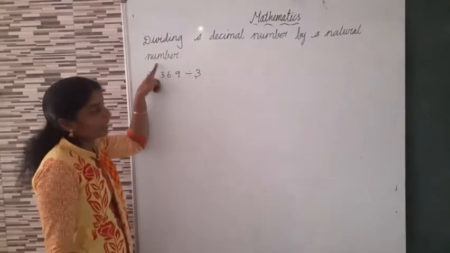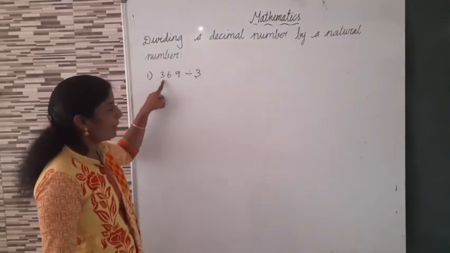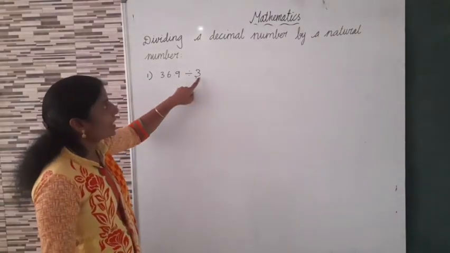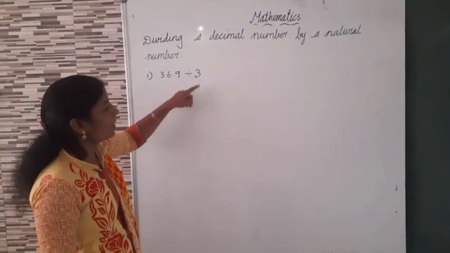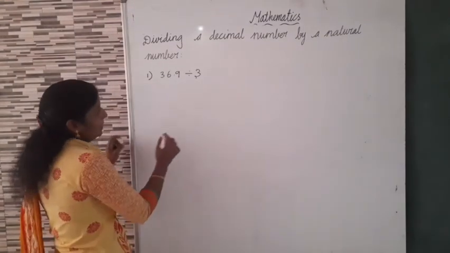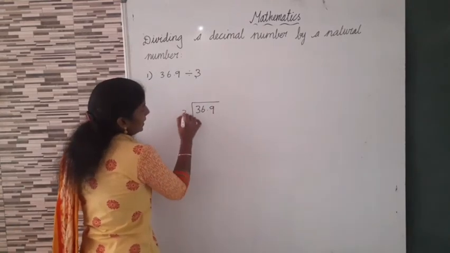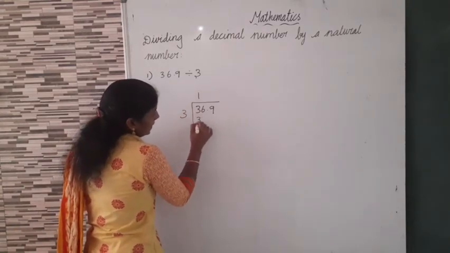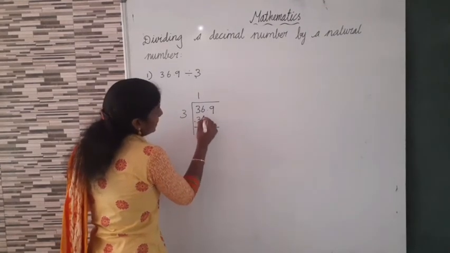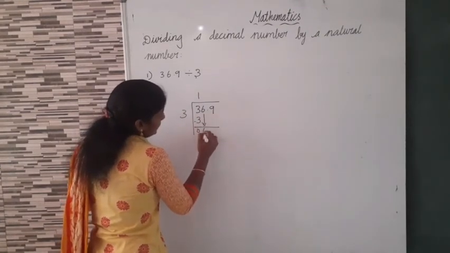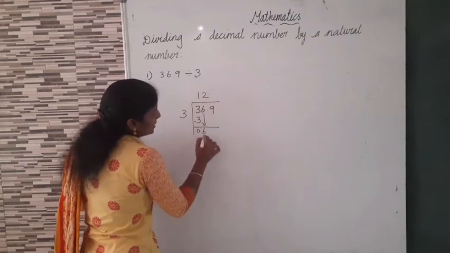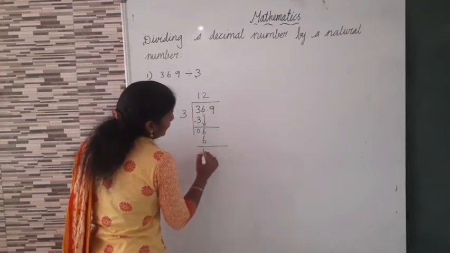Natural number. Any decimal number divided by a natural number, we can use the long division method. 36.9 divided by 3. 1 3 is 3. Then 0. Isn't it? Now second digit 6. 2 3s are 6. Isn't it? Again 0.